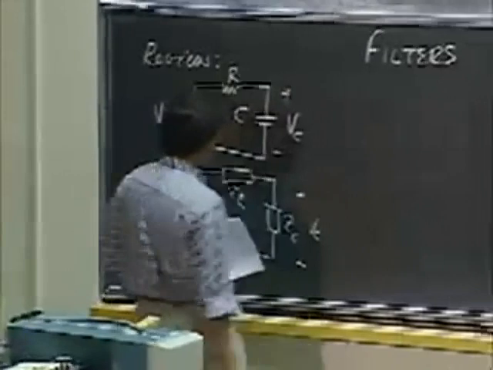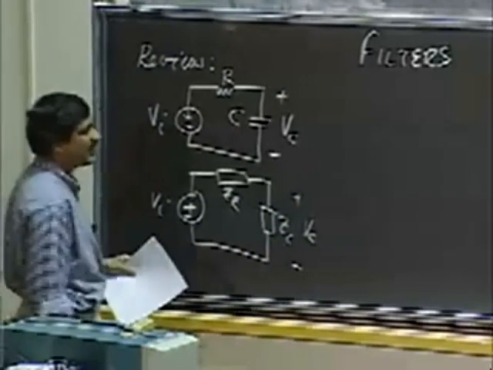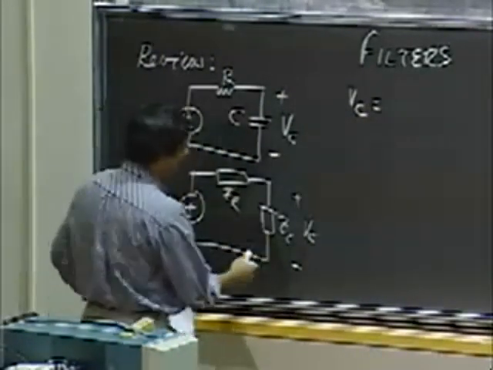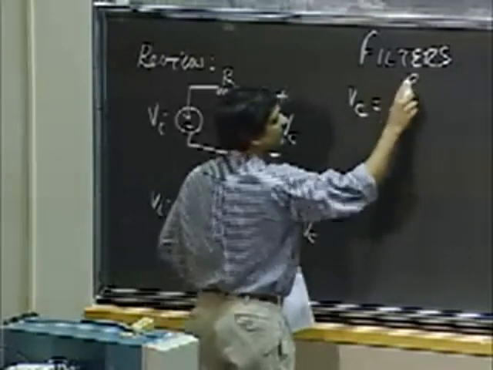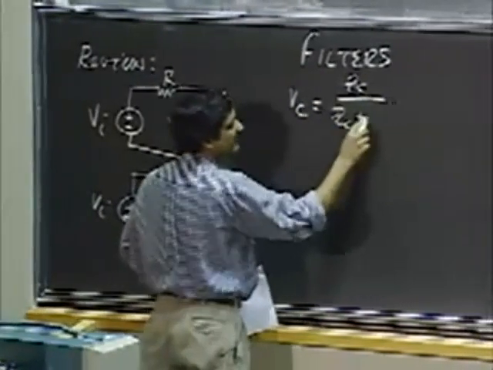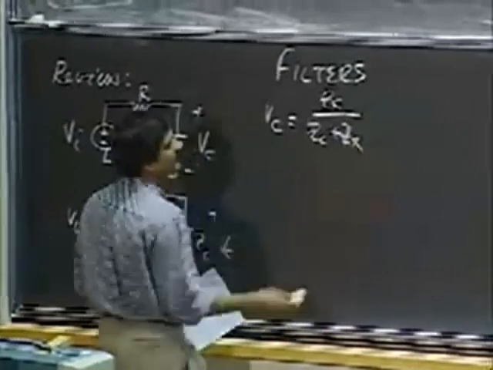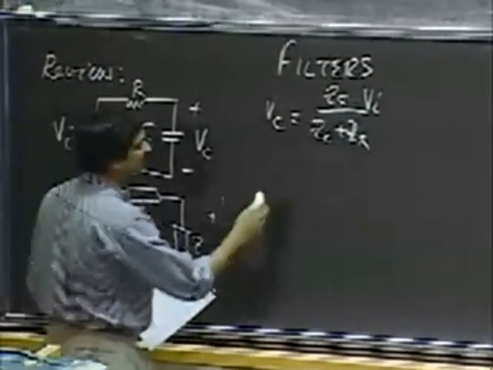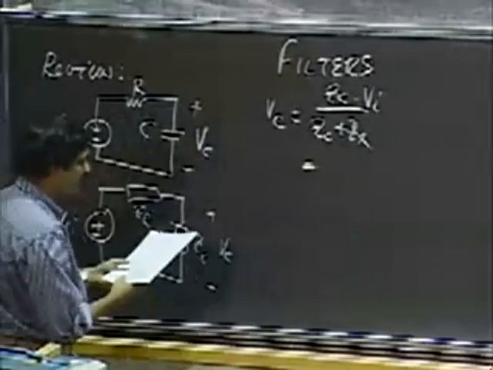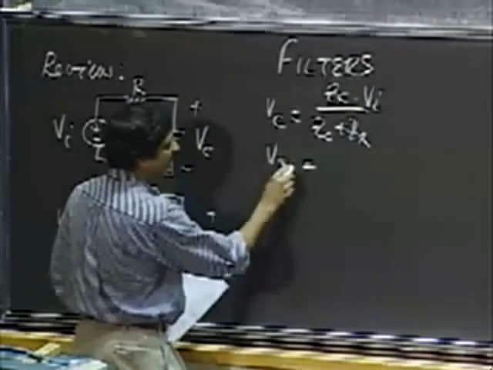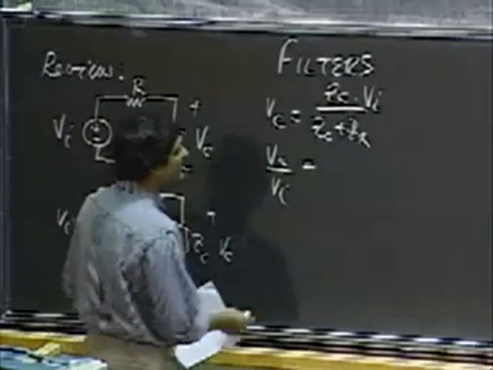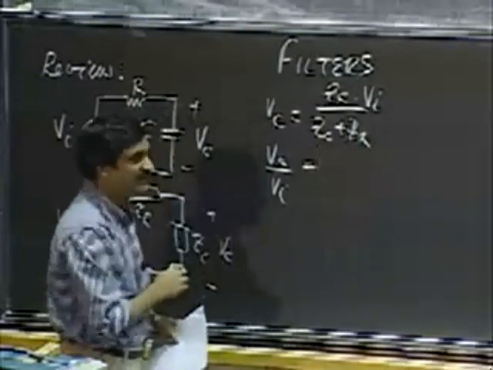As an example, I could analyze this using my simple voltage divider relationship. So VC is simply ZC divided by ZC plus ZR times VI. Let's say I divide this by VI so I can get the response relation, which is ZC divided by ZC plus ZR.